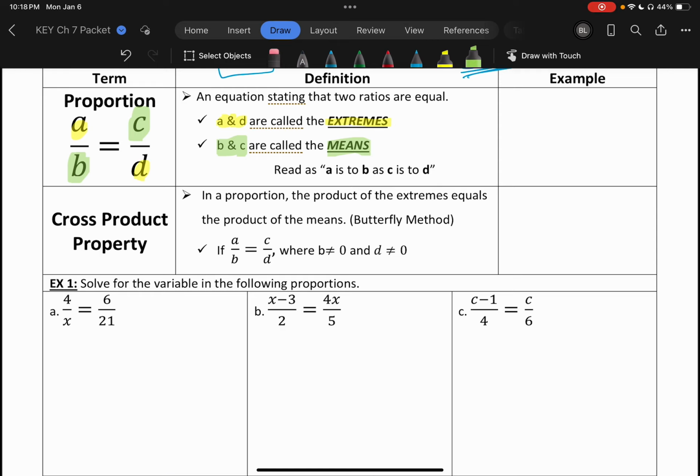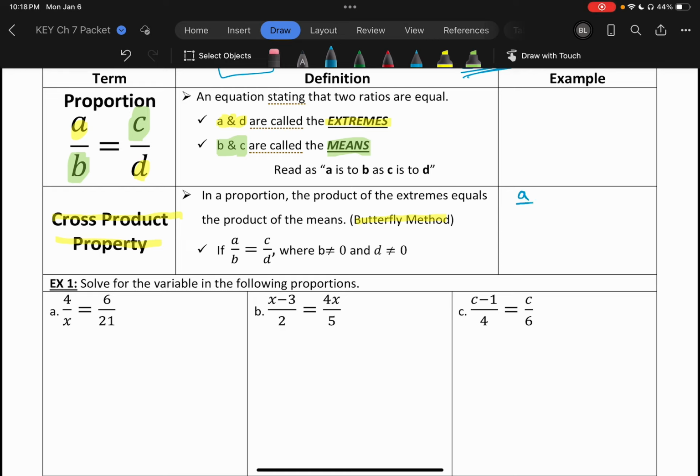You'll start to recognize the next part here, which is known as the cross product property, which is also known as the butterfly method. Essentially, we'll see what this looks like as an example off to the side.